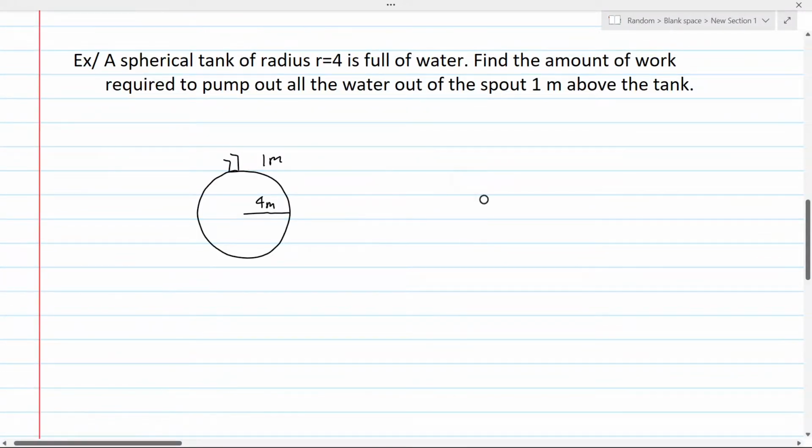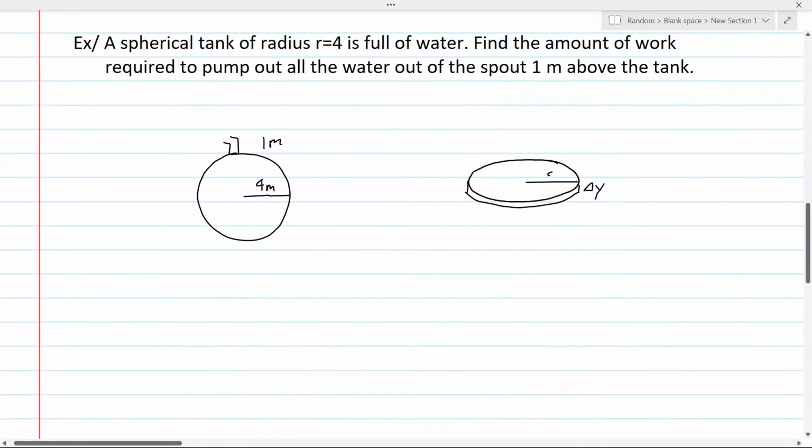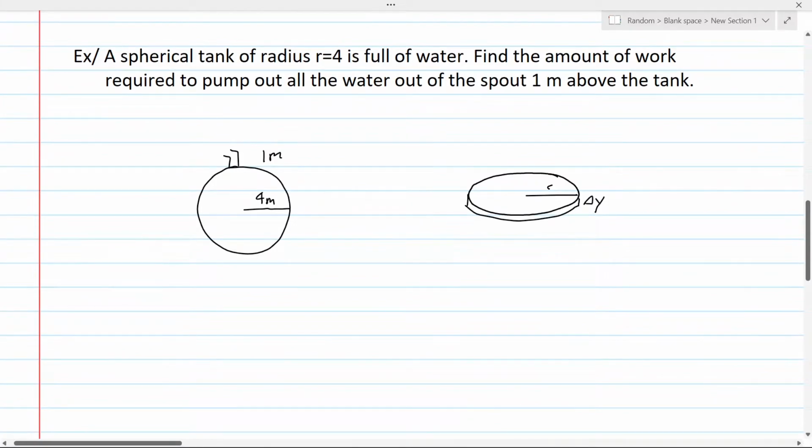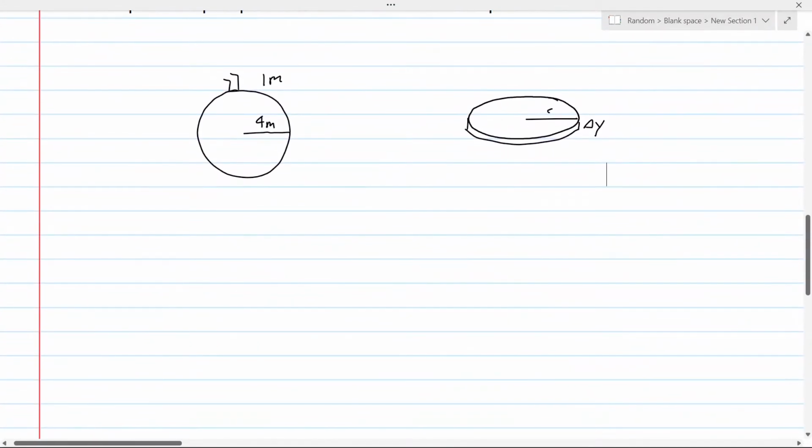What we will do is look at some slice within the tank, like that, with thickness delta y and radius r. We want to know what the work would be to move this slice out of the tank.